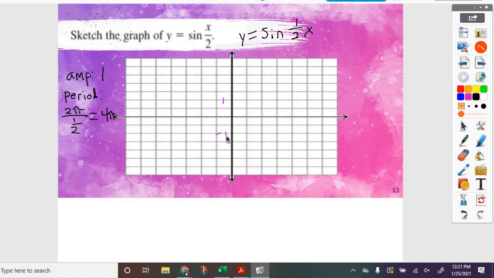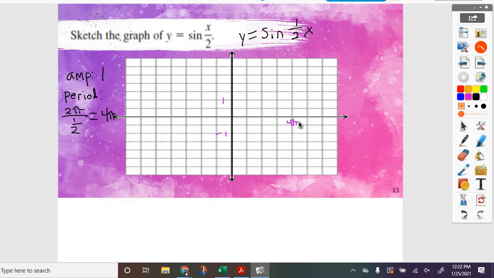But notice that normally I make each space pi over 2. But if I did pi over 2, I wouldn't have enough squares this time to get all the way to 4 pi. So what I'm going to do instead is just count 1, 2, 3, 4, and label that as where my period is going to end, which would be at 4 pi.